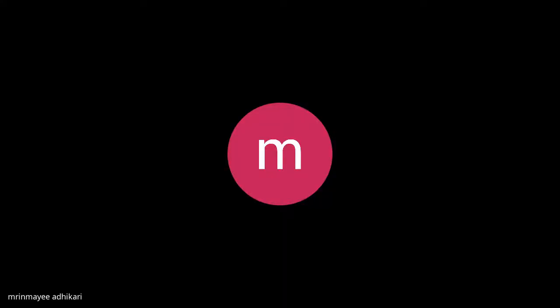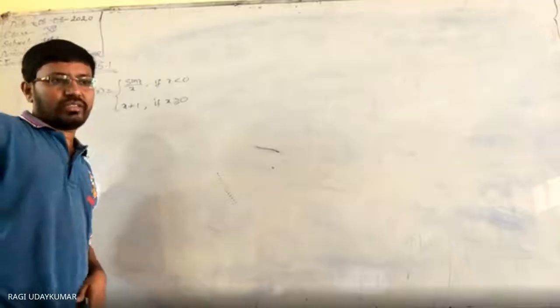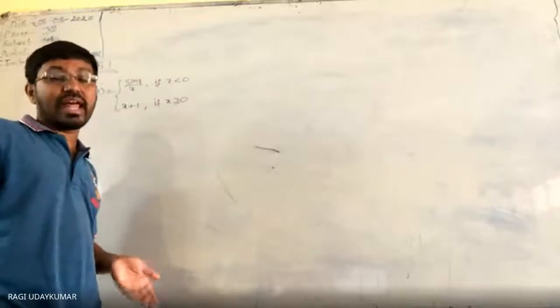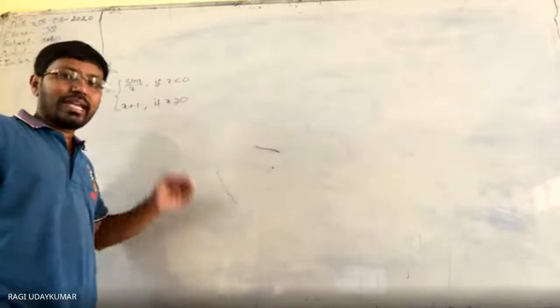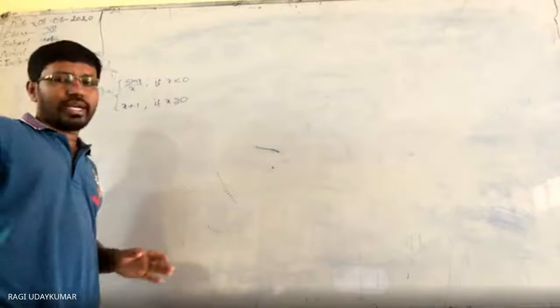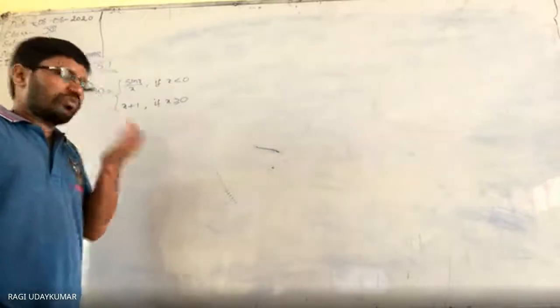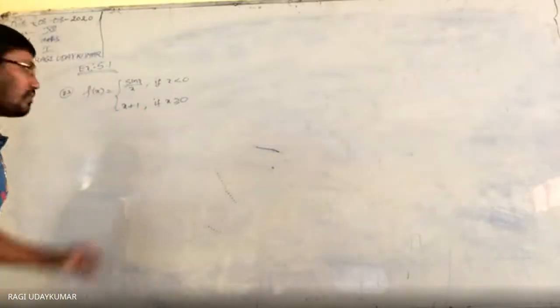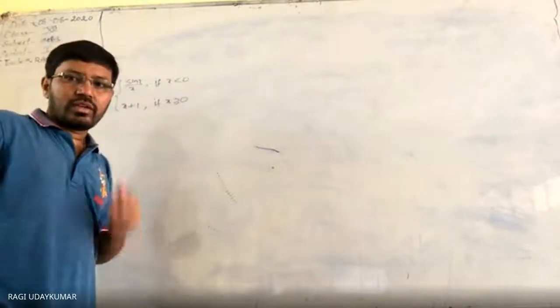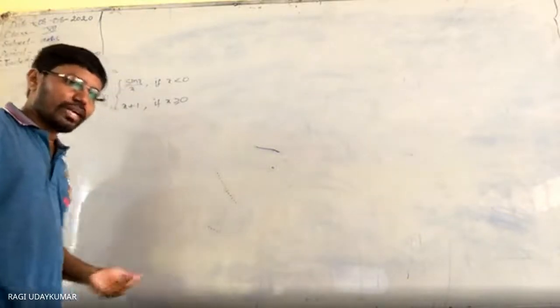Less than 0 means all the negative numbers. Greater than or equal to 0 means non-negative real numbers. So you are going to get the real numbers as the domain of this function.